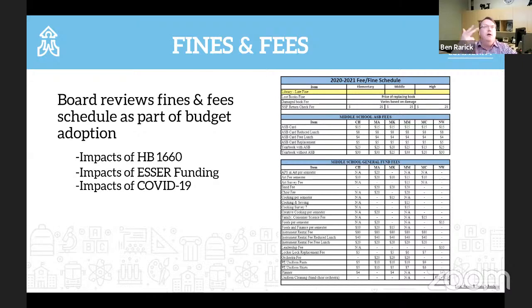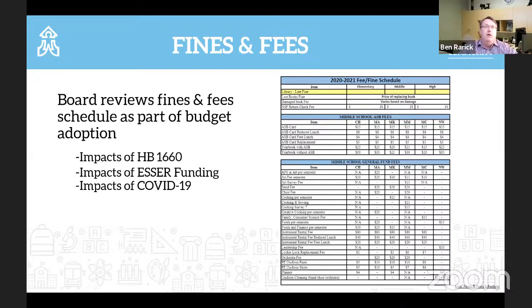So one thought process is, to the extent that we're charging families for instructional materials and supplies at all, without getting too far ahead of my skis here, the idea being that if that's an eligible ESSER expense, it's an idea to pursue that instead of charging families those fees, we incur that cost through our ESSER claims.